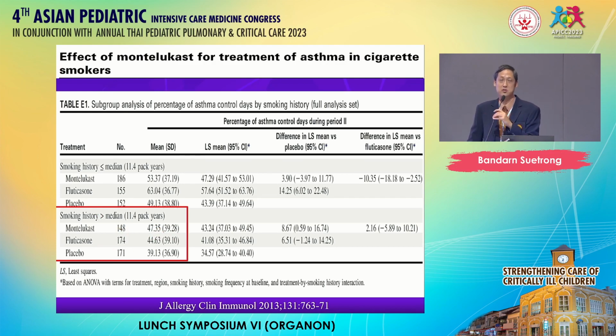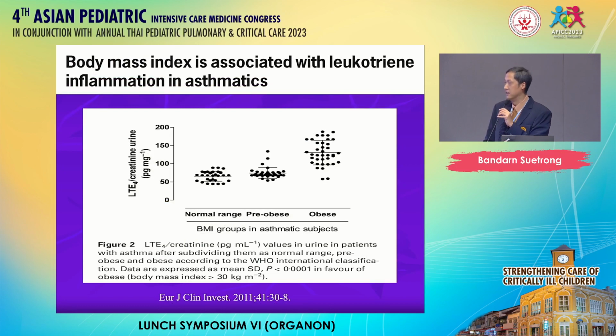So the best option is to quit smoking, but if you cannot, the preferred option might be adding montelukast compared to inhaled corticosteroid. Again, we see a lot of asthmatic patients with severe obesity.